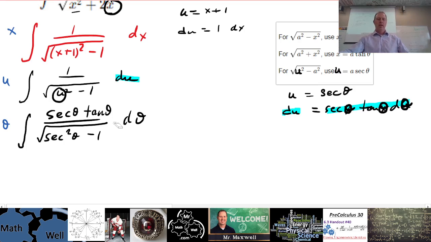Okay. So I need to do some work here on the secant squared minus 1. So what is secant squared minus 1? If we have sine squared theta plus cos squared theta equals 1, that's where we start with the Pythagoras, right? Remember that from pre-Cal 30. Now, to get secant squared theta involved here, how do I do that?